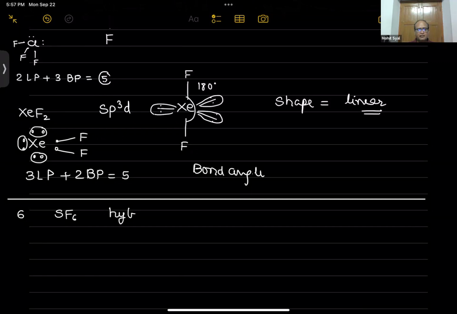In the hybridization, starting from S, I will take all the P orbitals and 2 of the D orbitals.